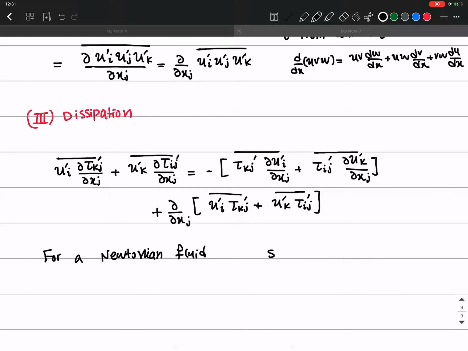For a strain rate, I can define Sij as the strain rate of the flow: 1/2 of partial u prime i over partial xj plus partial u prime j over partial xi. Okay, so I can make this definition for the strain rate.